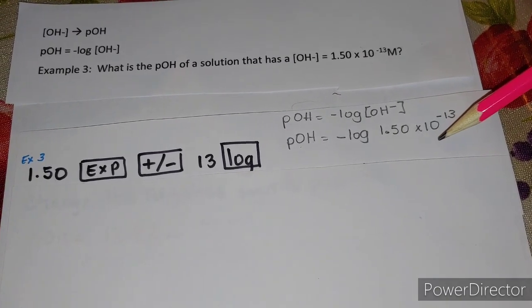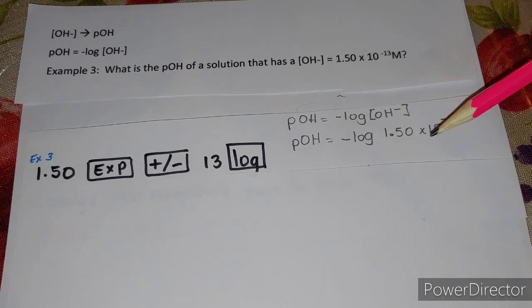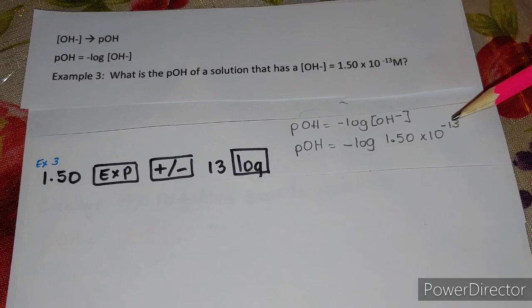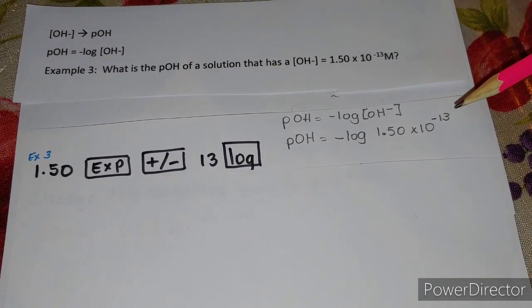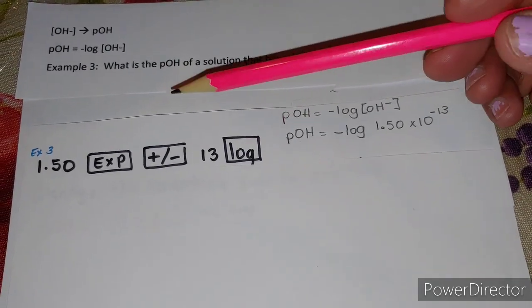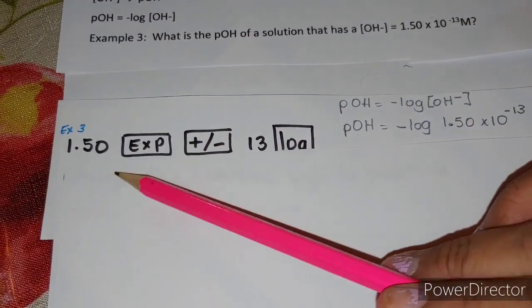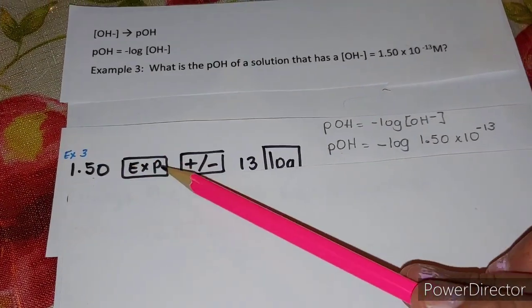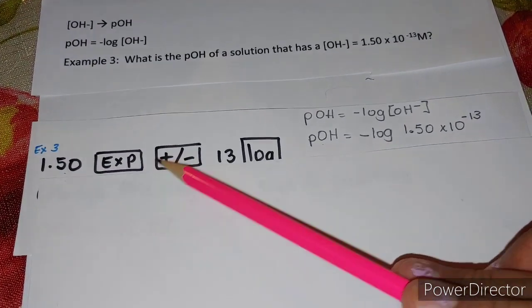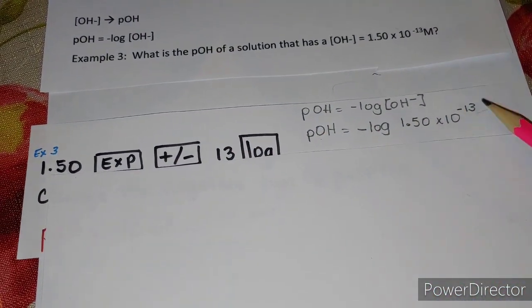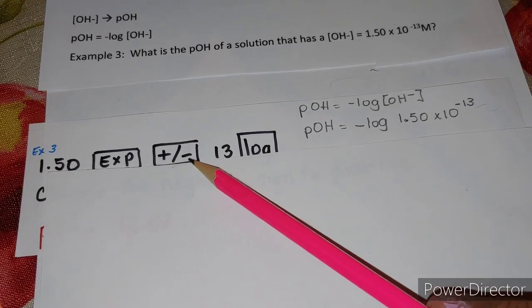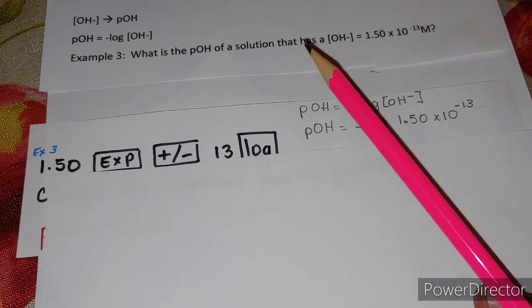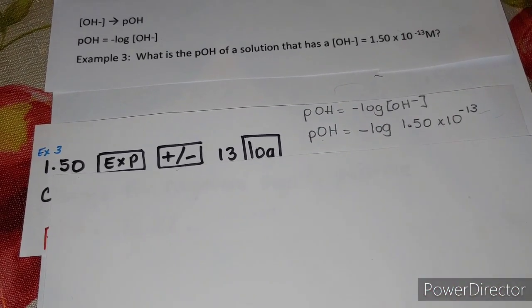Now it's again slightly different to put it into the calculator, but it also comes out correctly if we do it this way. So the steps would be type in 1.50, exponent, and then our exponent is negative 13, and then the log button. Let's go ahead and do that.